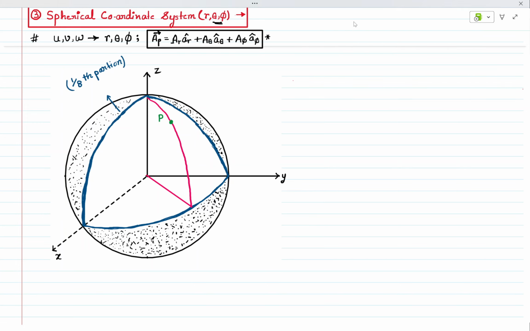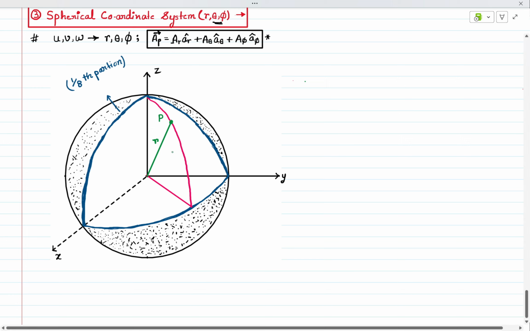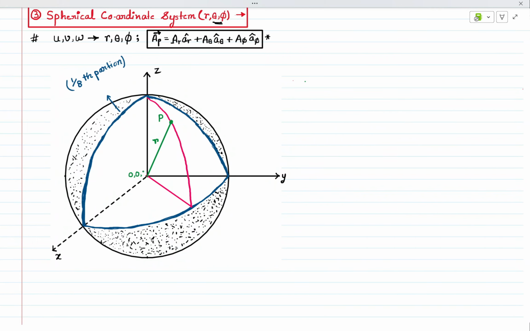The distance between the origin and the point P, this distance, is nothing but r, that is the r of r theta phi. This is the r. That is the distance from the origin, which is 0, 0, 0, to this point P.